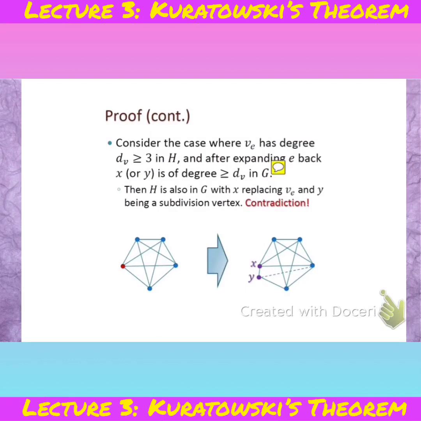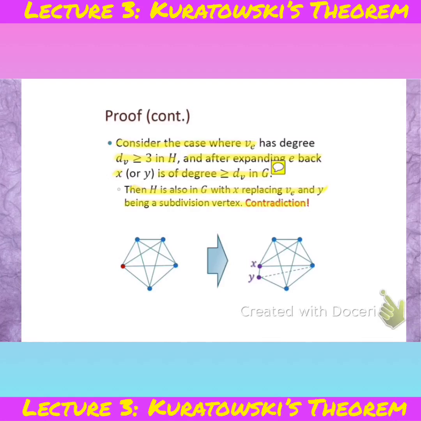Right, so let's go back to the notes. We already discussed the various scenarios, so this will go quicker. Now consider the case where VE has degree at least 3 in H, and after expanding E back, X is of degree at least the degree of V in G. Then H is also in G with X replacing VE and Y being a subdivision vertex.